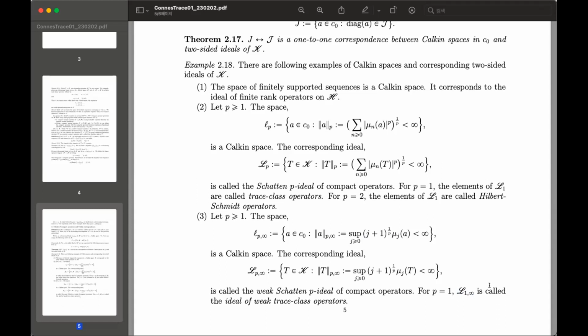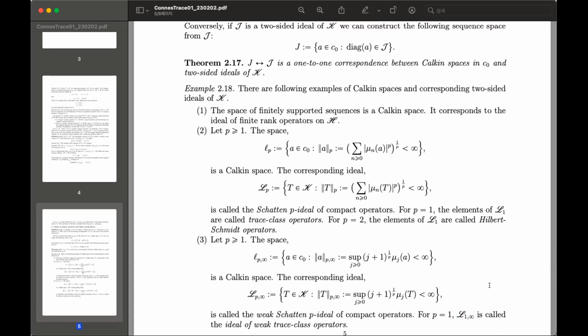So in order to define a well-defined linear functional from the singular value sequence or the eigenvalue sequence of the given compact operator, as we have infinitely many entries in that sequence, one should have some sort of nice summability, or at least the decaying property, to define some sort of well-defined trace or linear functional on that space of operators.